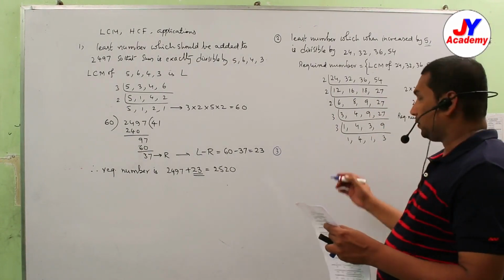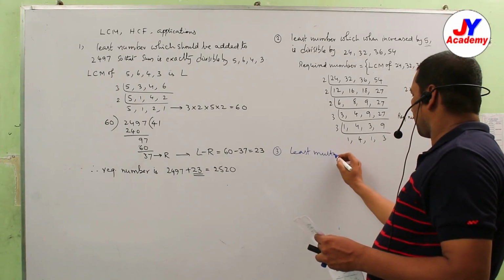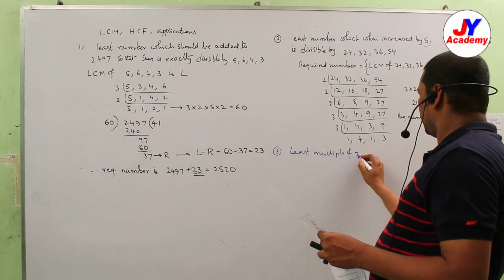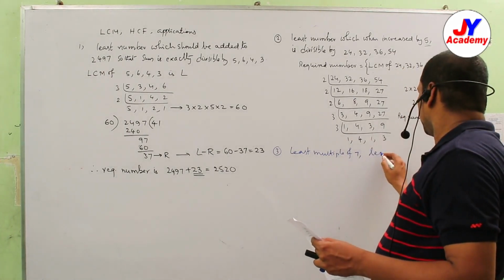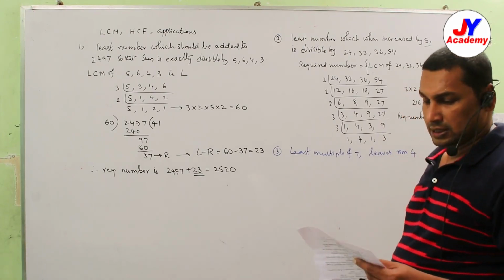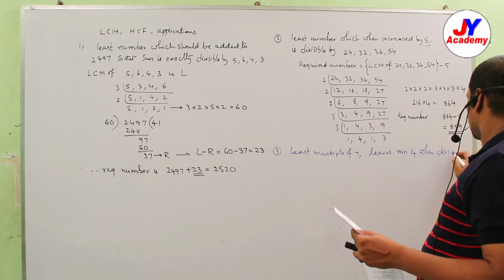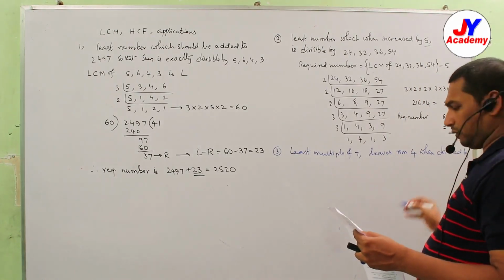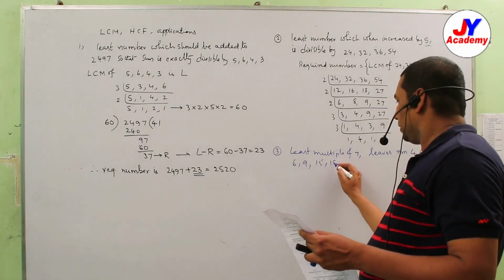The least multiple of 7 which leaves remainder 4 when divided by 6, 9, 15 and 18.